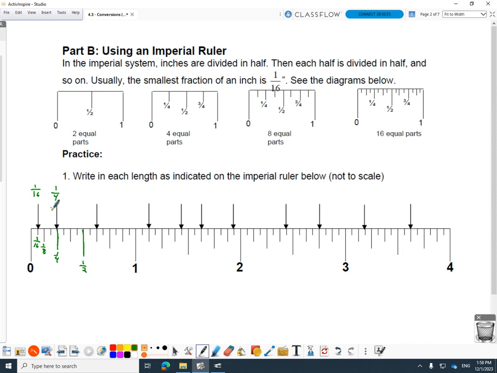But now we need someone who's pretty good at these fractions. On mine, on my sheet, not on your ruler, what's this? Right there. It's hard.